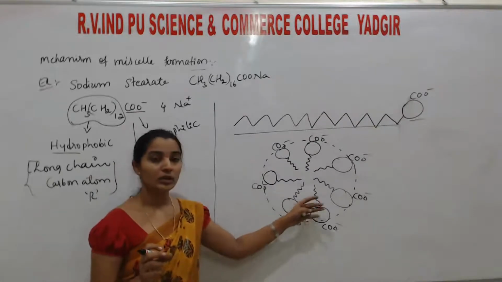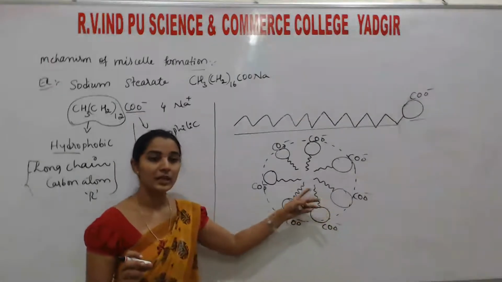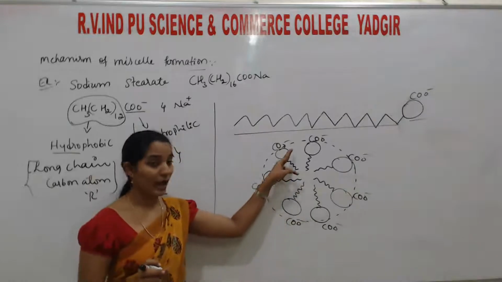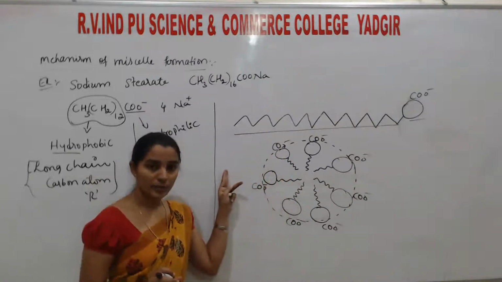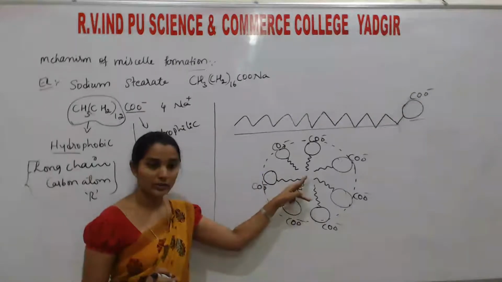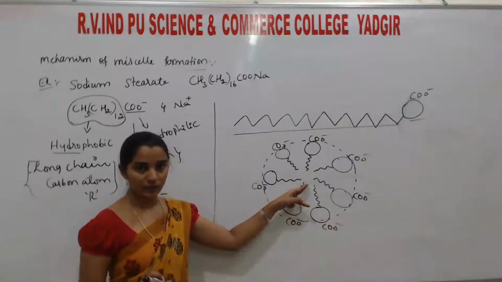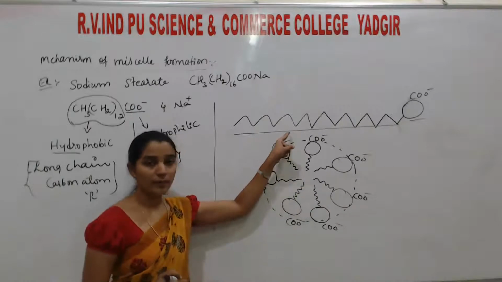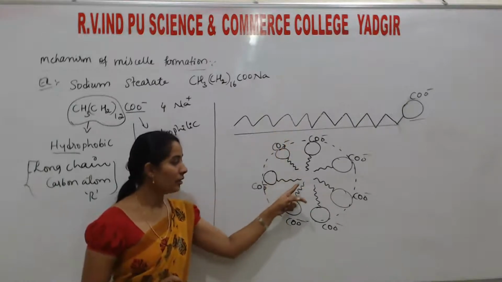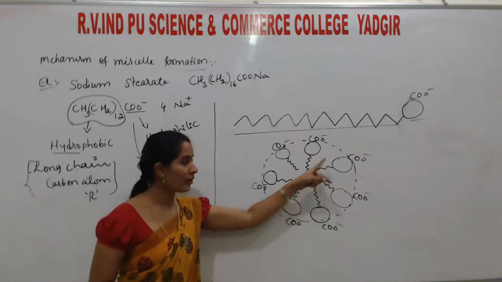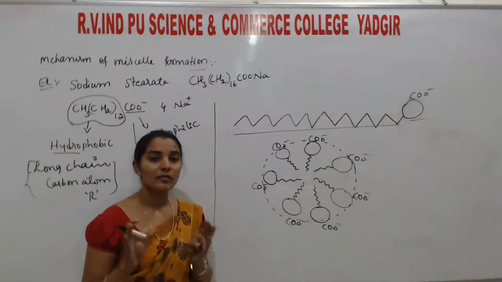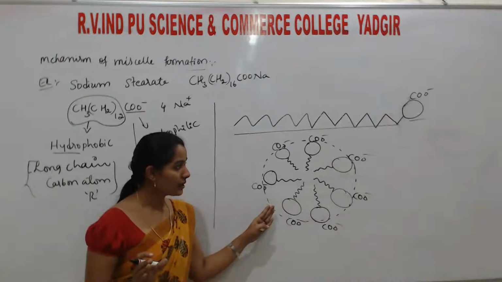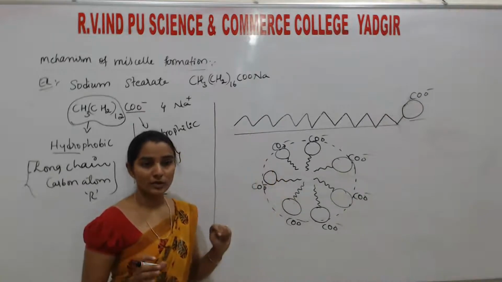This is how the formation of micelle takes place. The hydrophilic ions are out of the sphere, away from the core. This is the core, the center of the sphere. And the R, non-polar, hydrophobic, are towards the core. Then they form this type of structure. This is called micelle formation. This is the mechanism of how micelle formation takes place.